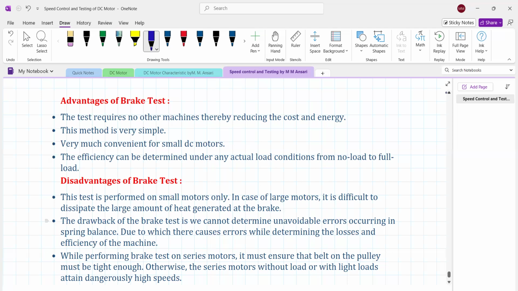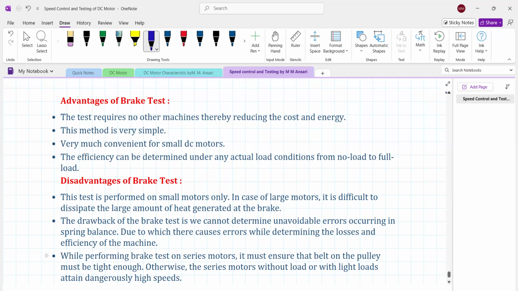In this case, the power or more heat is going to be wasted over the belt as well as the pulley. Now, while performing the brake test on the DC series motor, it must be ensured that the belt on the pulley must be tight enough. Otherwise, the series motor without load or with light load may attain a dangerously high speed.